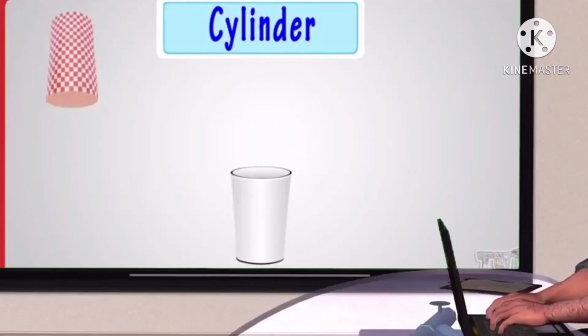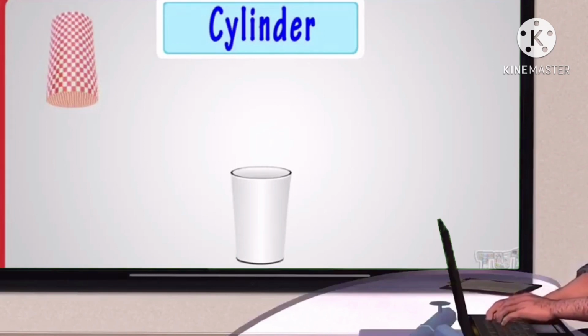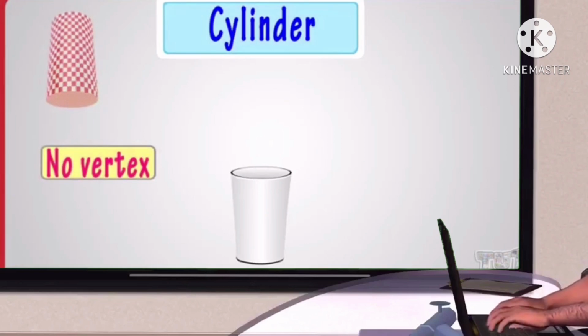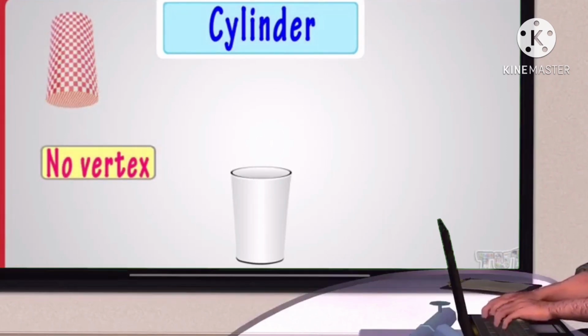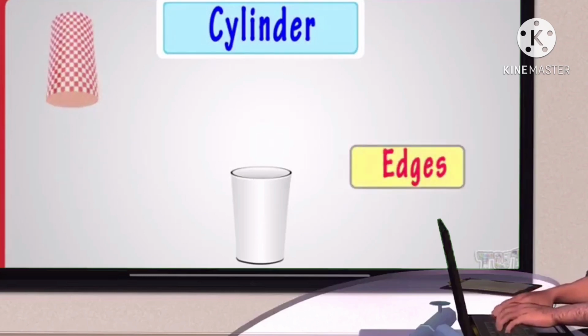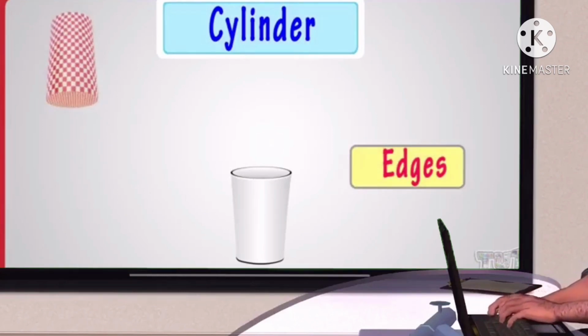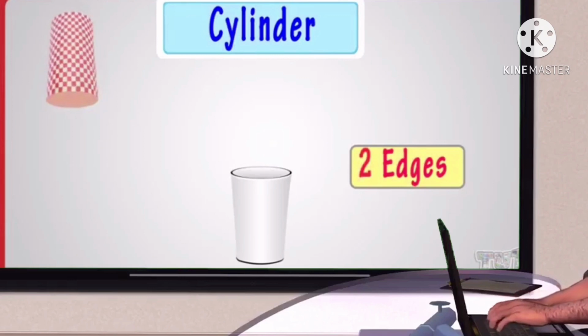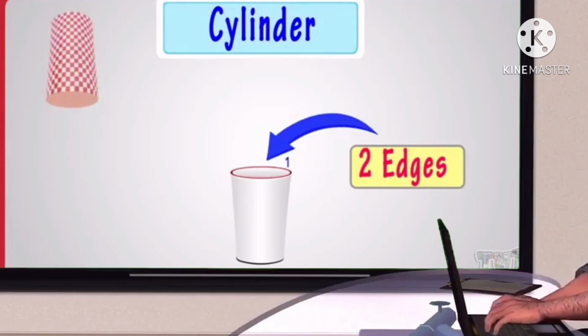This is a cylinder. Now let's figure out its vertices. Oops, it has no vertex. Now let's figure out its edges. It has two edges. One edge is the circle at the top.